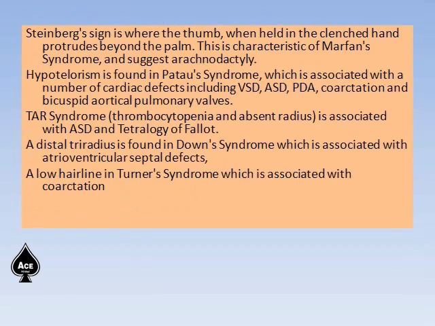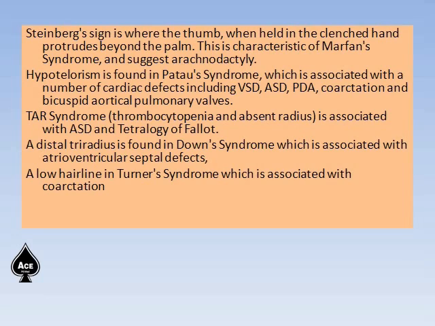But here the explanation is a little different. Steinberg sign is where the thumb, when held in clenched hand, protrudes beyond the palm. This is characteristic of Marfan syndrome and suggests arachnodactyly. And in Marfan syndrome, the elastic tissues are so soft and long that in the case of aorta, the root dilatation can occur.